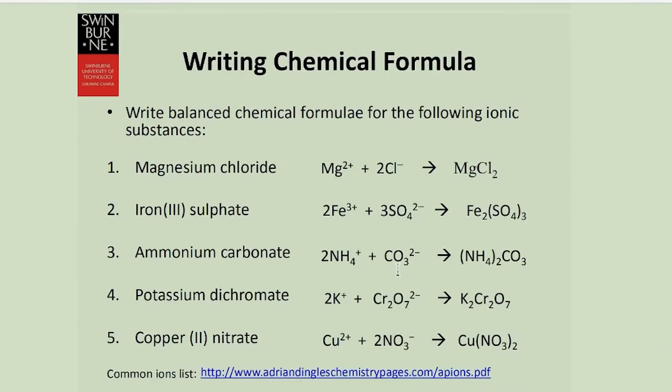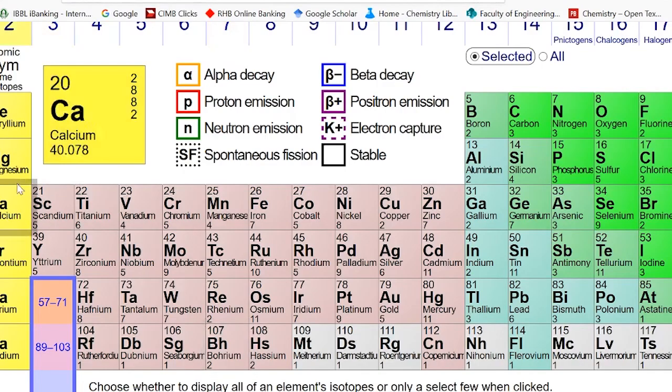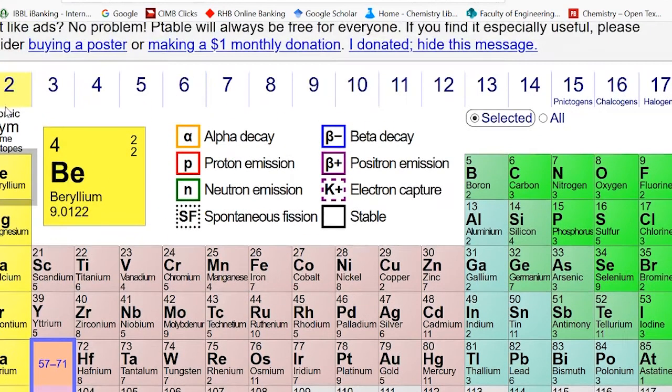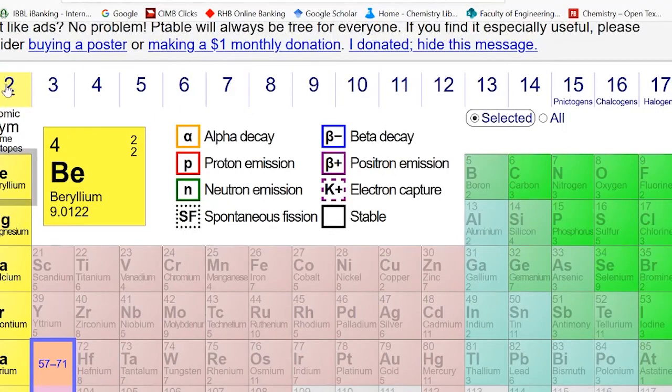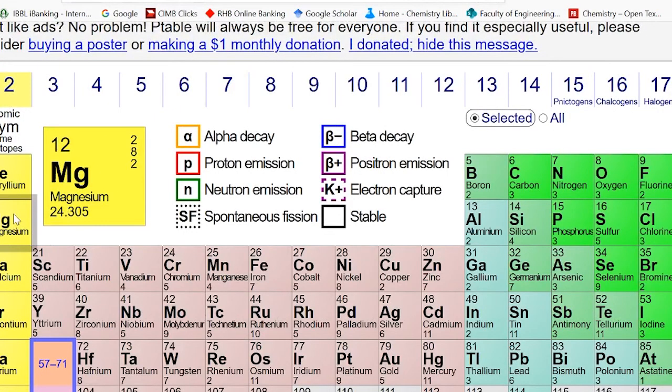Writing the chemical formula takes a little more in-depth knowledge. For magnesium chloride, if we see from the periodic table that magnesium is in group 2, it will have two positive charge, and magnesium is a metal.